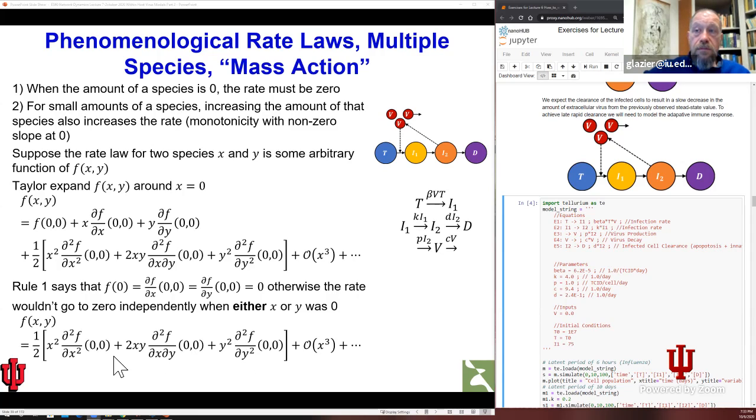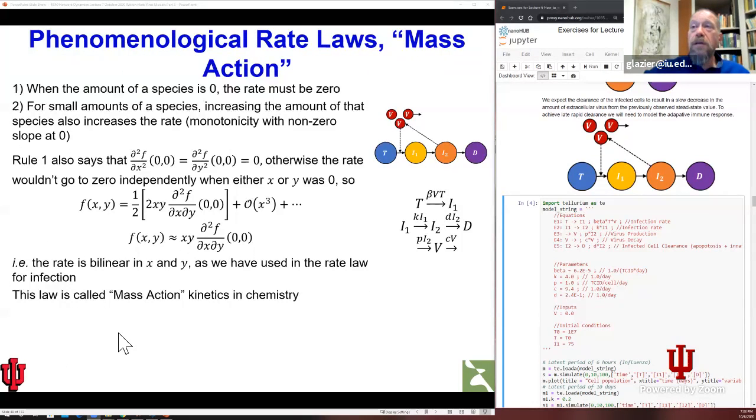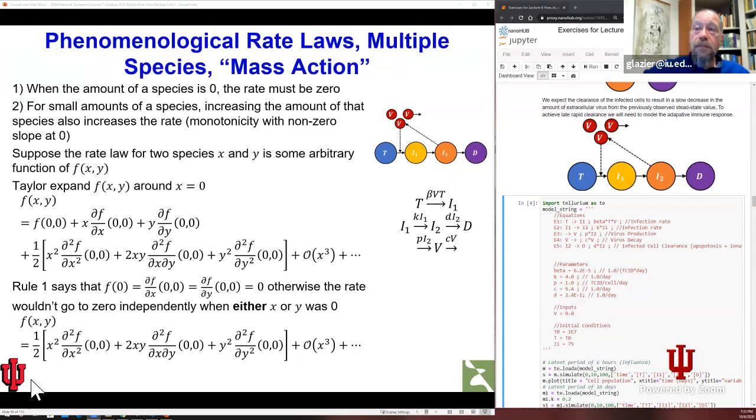There we go. Now, that leaves me with this second order term. And this one now, I have to look at this. The same thing is going to happen. This first term here, x squared d squared f dx squared, is independent of y. And that means it isn't 0 unless the derivative is 0. This third term here, y squared d squared f dy squared, is independent of x.